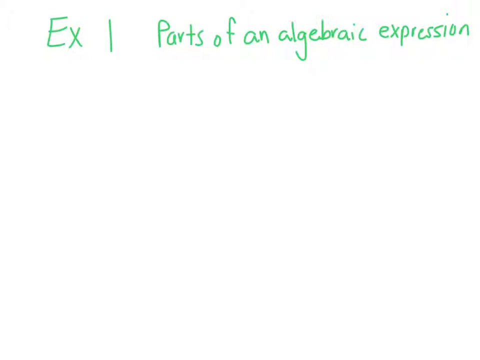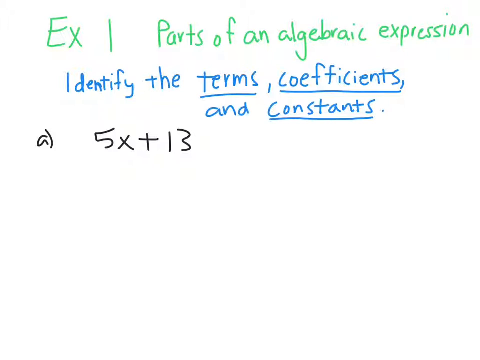Example 1 is called parts of an algebraic expression. So exactly what I was just talking about. You're going to need that other page that you just wrote down, and that will help you with this part. So you need to identify the terms, coefficients, and constants in an expression like this, 5x plus 13. So thinking about the terms, they're anything besides the operation, and the operation happens to be the plus sign in here.